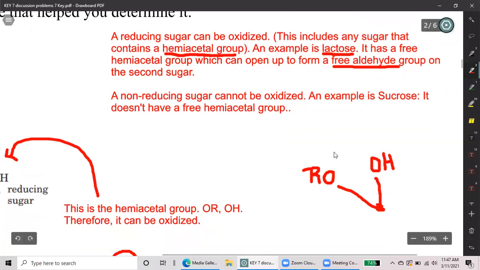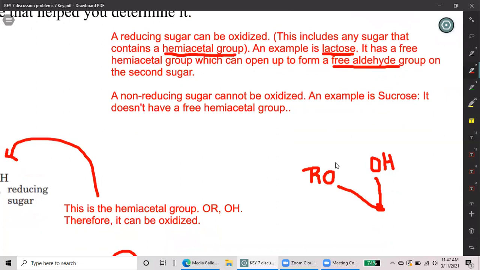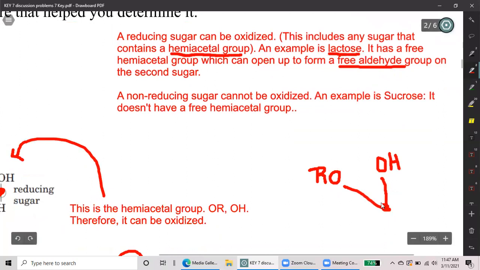So a lot of students don't really know what a hemiacetal group is. So basically, this is all you look for in your structure. If you have your carbon here and you go up, you should have a hydroxyl. It can go up or down, but you should have a hydroxyl. And then when you go this way, you should have an O and an R. This is a hemiacetal group that can open up to form a free aldehyde.